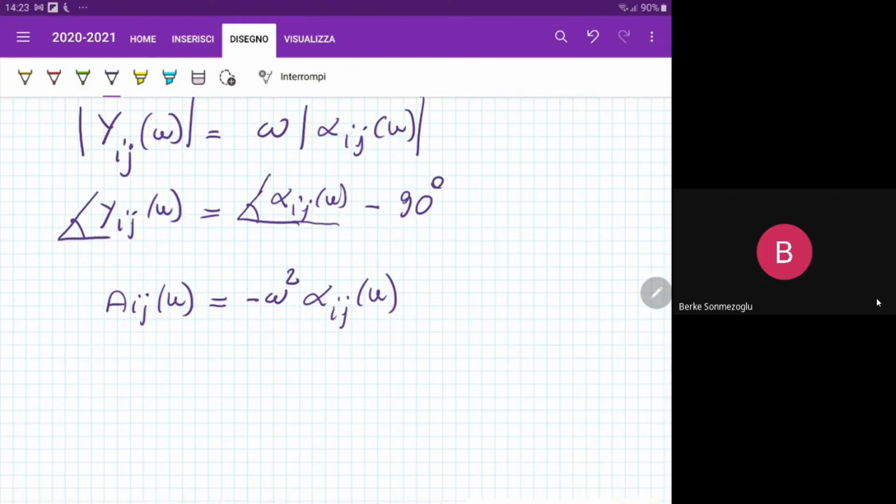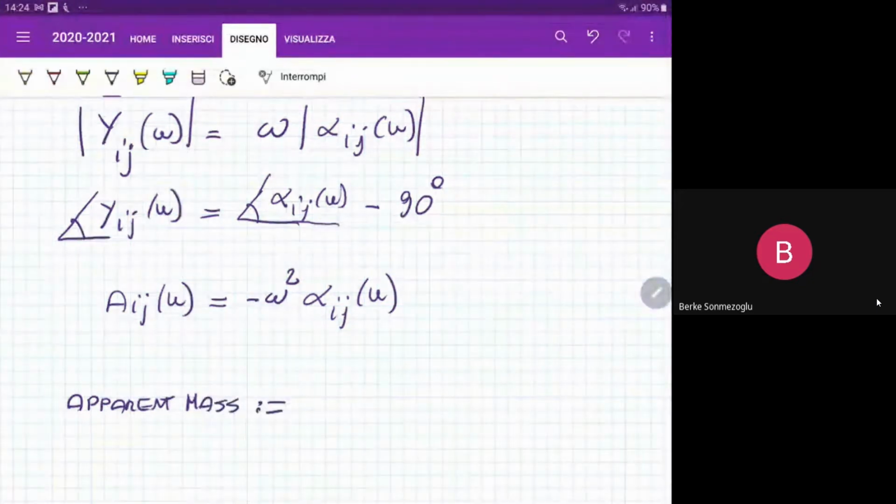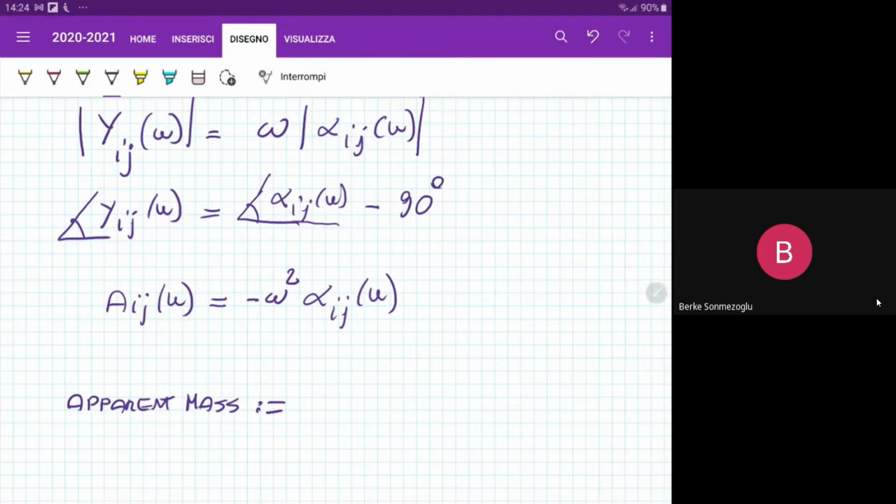We are also considering the following definitions. Okay, the apparent mass is generally defined as the ratio between the input force and the output acceleration. So it is the force over the acceleration.